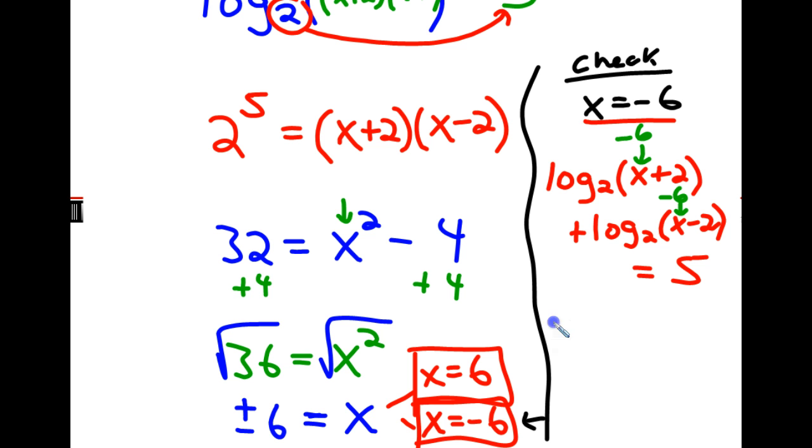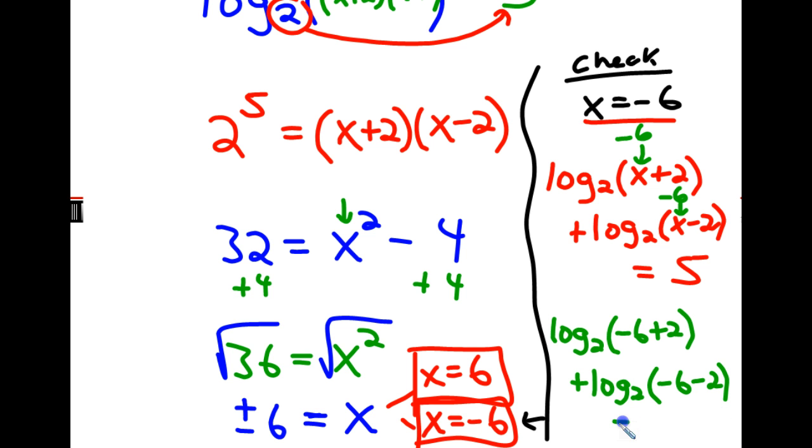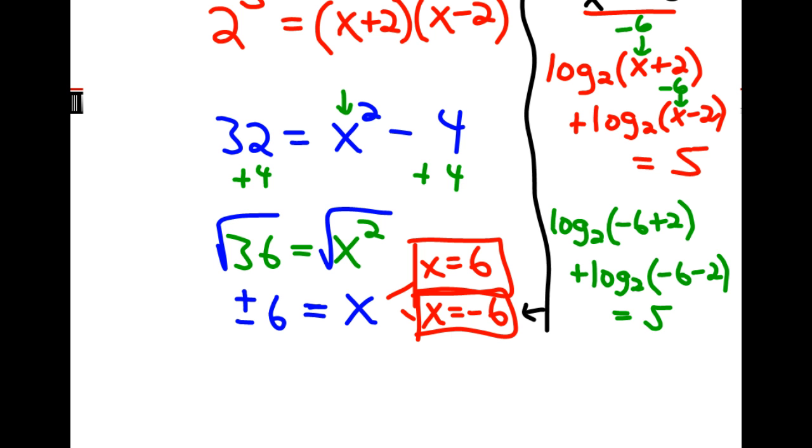And so what does that look like? We're going to have log base 2 of negative 6 plus 2 plus log base 2 of negative 6 minus 2 equals 5. Right. And this isn't going to work because we will end up with a negative number inside the logarithm. Right.